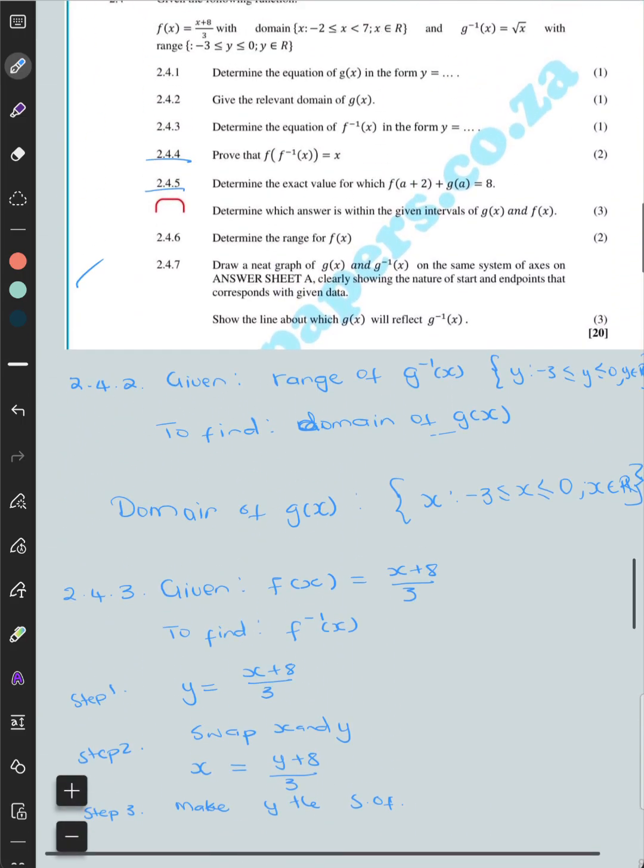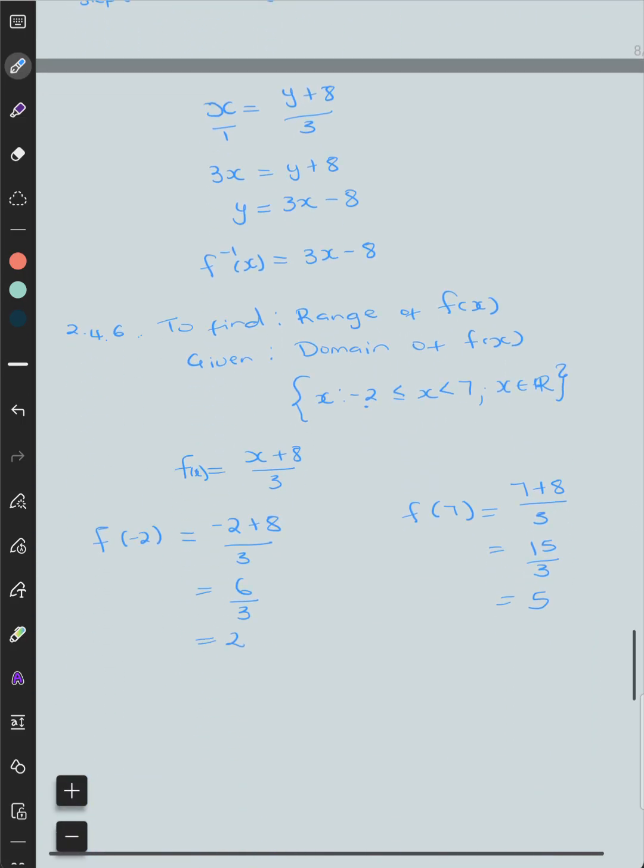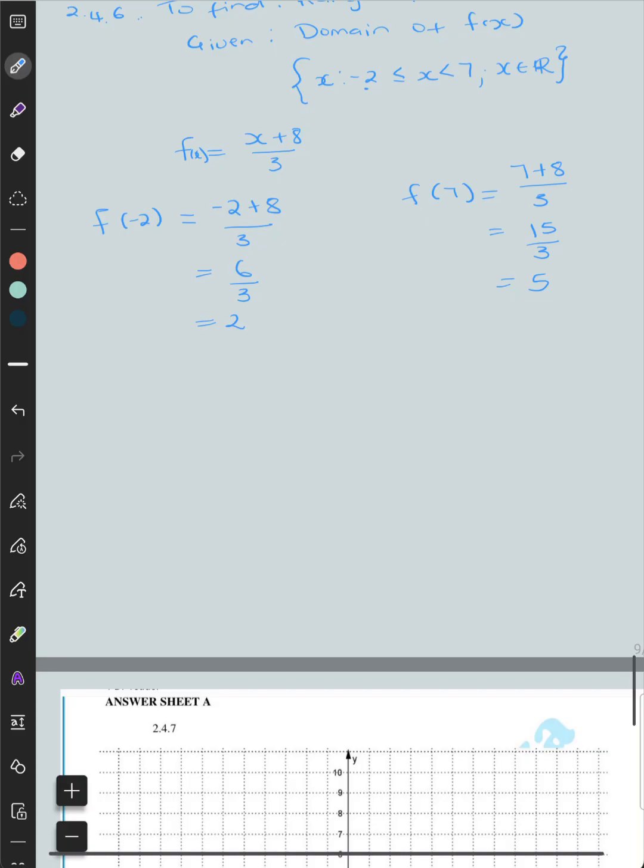Meaning that the range is from 2 to 5, from the smaller one to the bigger one. So 2 to 5.